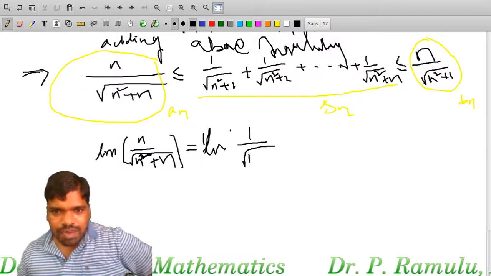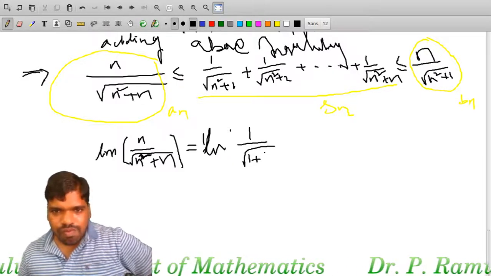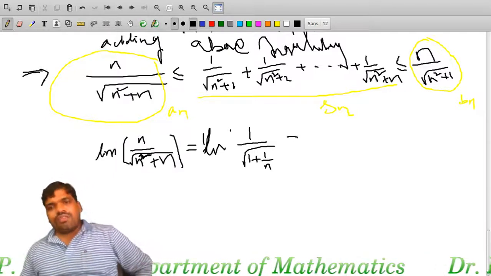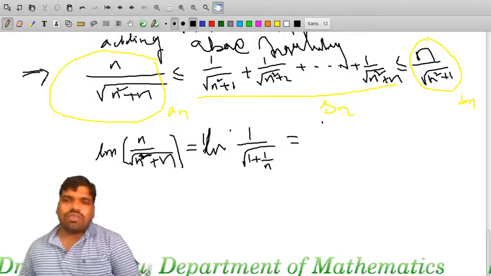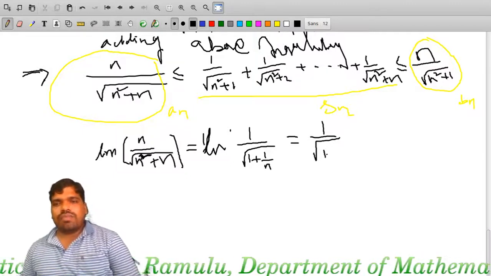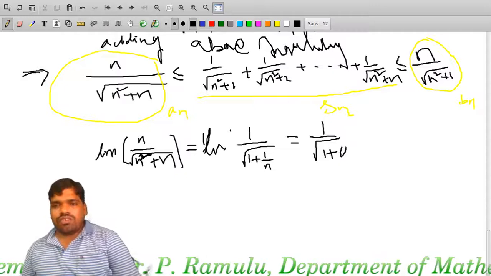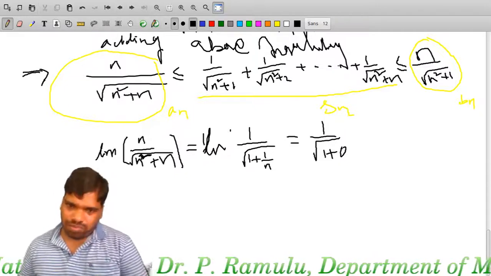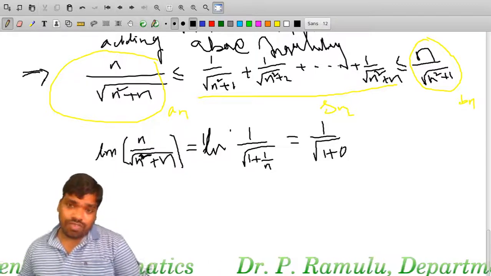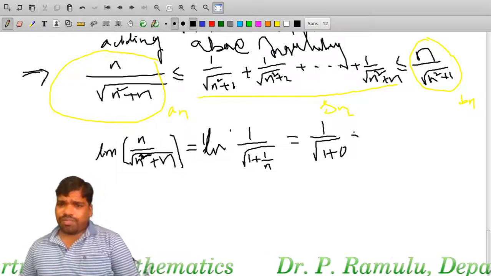Here we will get 1 by square root of 1 plus n by n square, that is 1 by n. The value of this equals 1 by square root of 1 plus 0. Already we know that lim of Sn equals lim root of Sn, then lim root Sn is equal to root S. That equals 1.